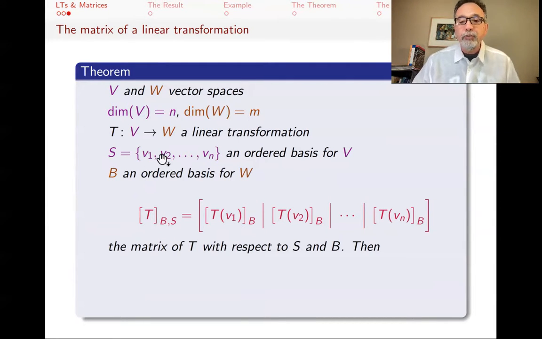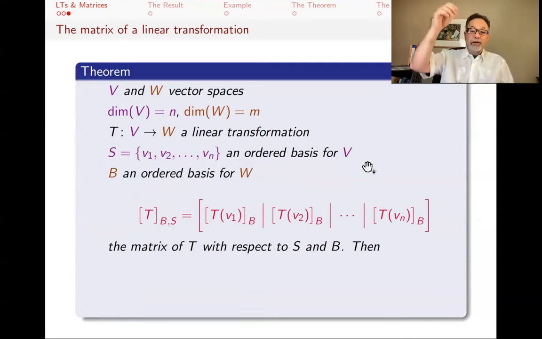Then you go to v2. What's v2? The second element in the basis of the domain. You send that over and you get T of v2. But depending on what W is, T of v2 is an element of W. That's not going to be helpful for you. But its coordinates with respect to B are going to be helpful for you. And that's the second column of this matrix. And you continue that all the way till the end. So you'll have n columns.